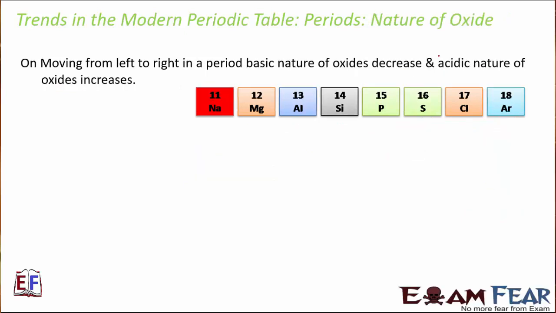Next, we talk about the nature of oxides. On moving from left to right, the basic nature of oxides decreases and the acidic nature of oxides increases. How? We learned that metallic character decreases from left to right. Now metallic oxides are basic in nature.